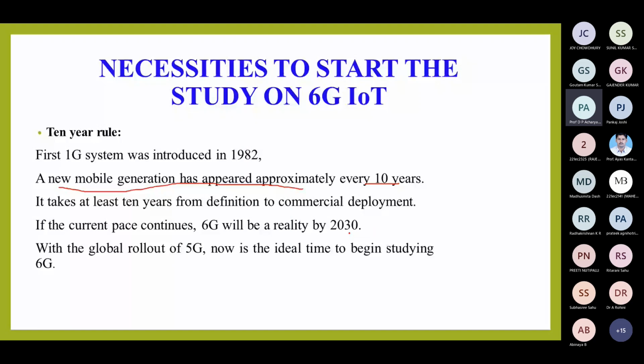Here you can say 1992 is second generation, then 2002, beyond that we get third, then 2010 to 2020 we are in fourth generation, and 2020 plus we are in fifth generation, and we expect sixth generation by 2030.